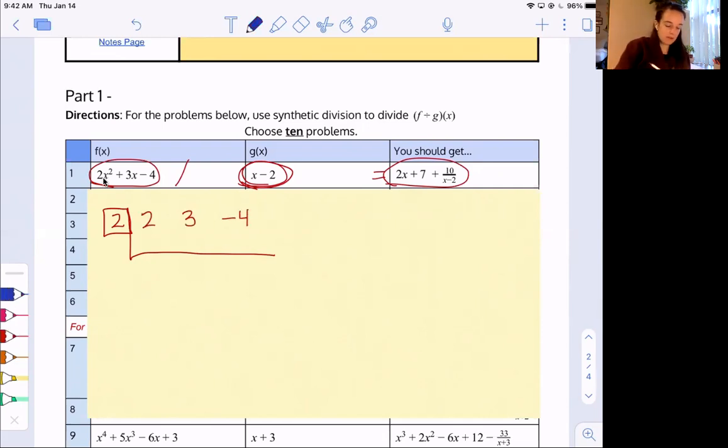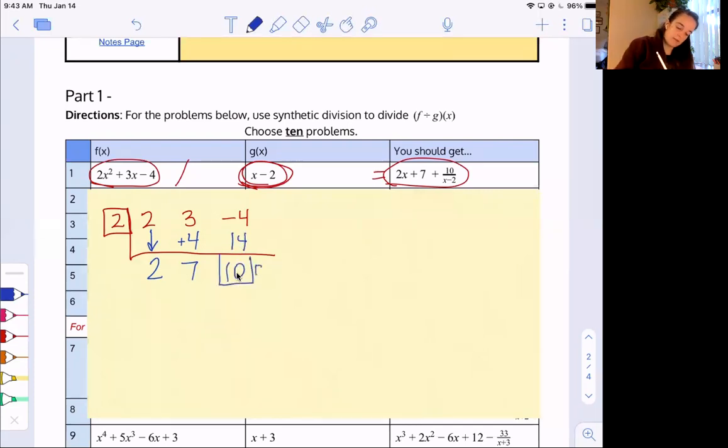So my first step, always bring down this number here. So I have 2. 2 times 2 is 4, to go here. 3 plus 4 is 7. And then 7 times 2 is 14. Negative 4 plus 14 would be positive 10.